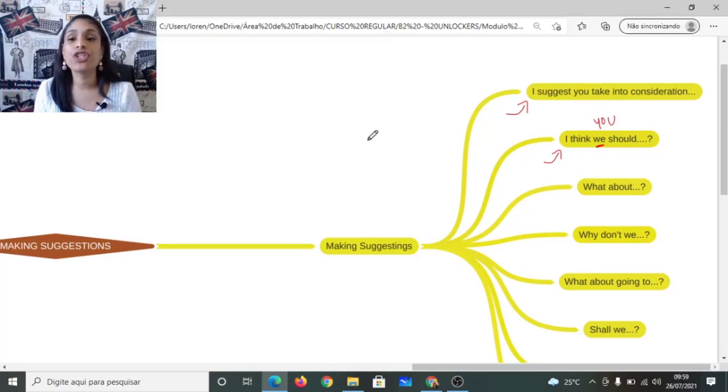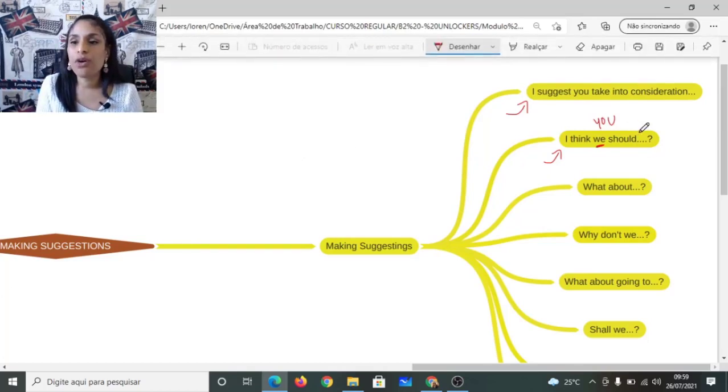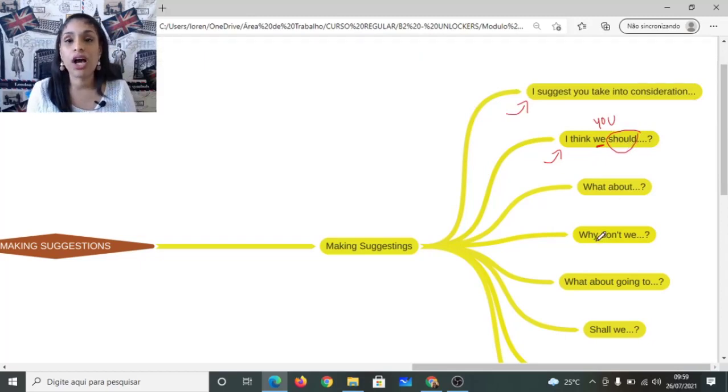And I'm pretty sure that you know the modal verb should, because we learned a lot from it when we were talking about emergencies, how to talk to your friend, diseases, and things like that, okay?